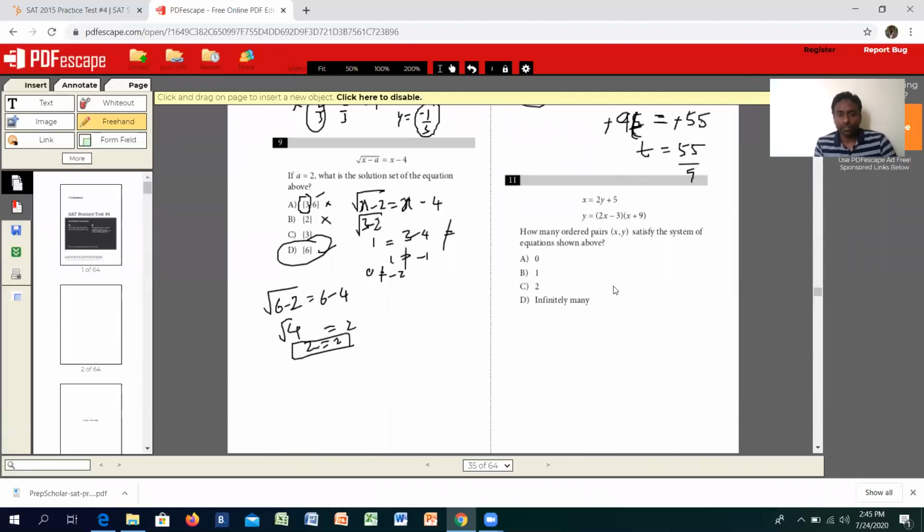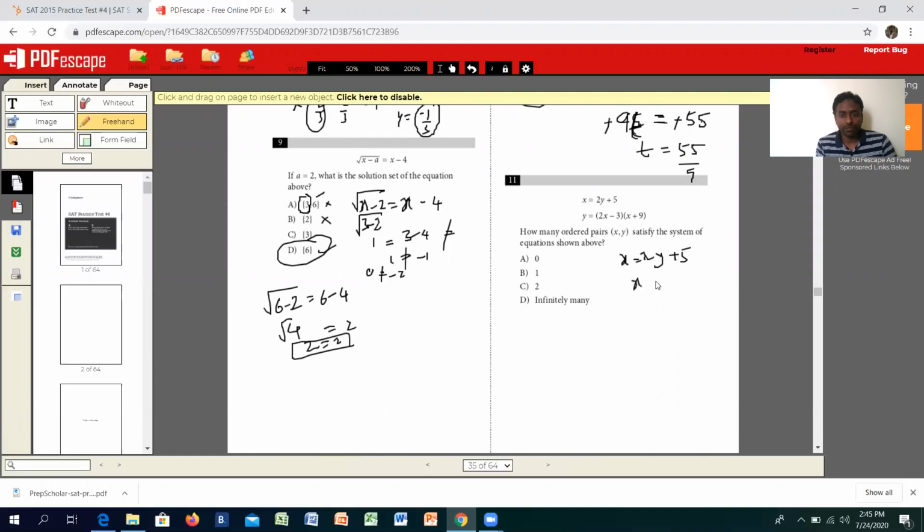Now moving on to question number 11. X is equal to 2y plus 5. Y is equal to 2x minus 3 times x plus 9. So what do we have to do over here? How many ordered pairs will it have? So first let us solve x is equal to 2y plus 5.